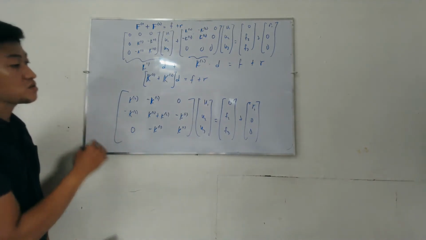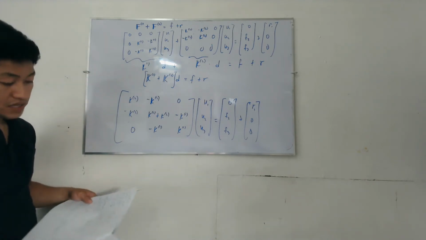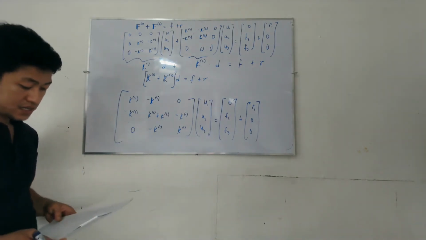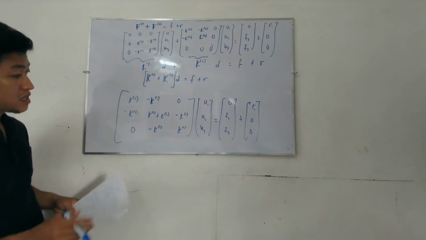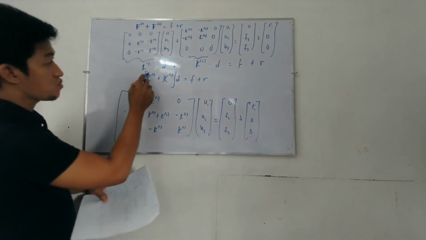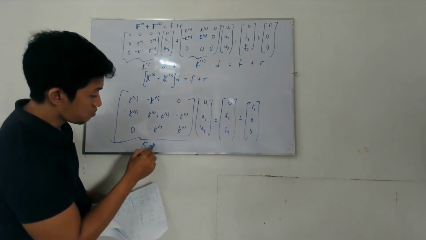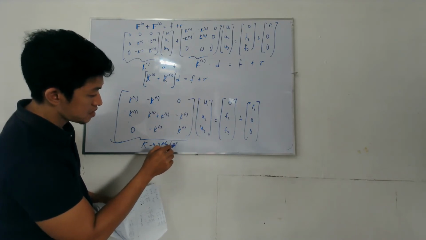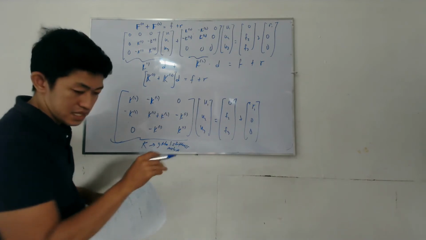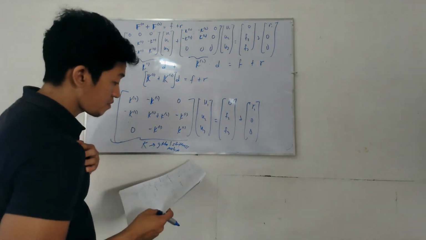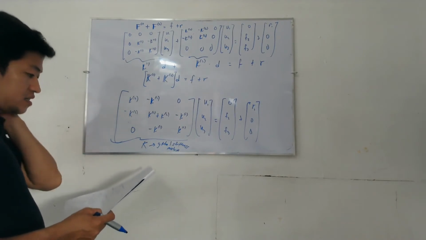Okay, so this is now your overall equation for the system. By the way, this is your K, the global stiffness matrix. Global means it is the sum of everything.